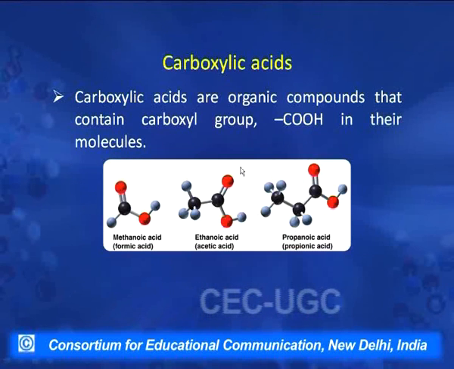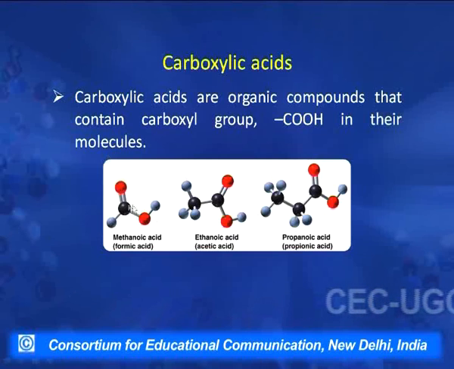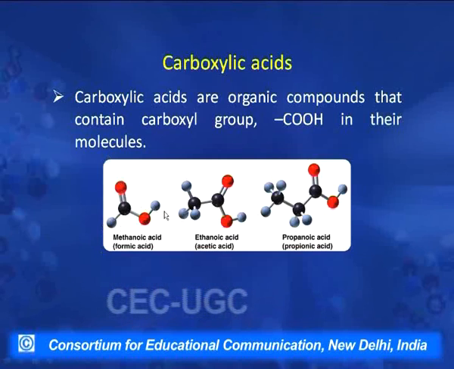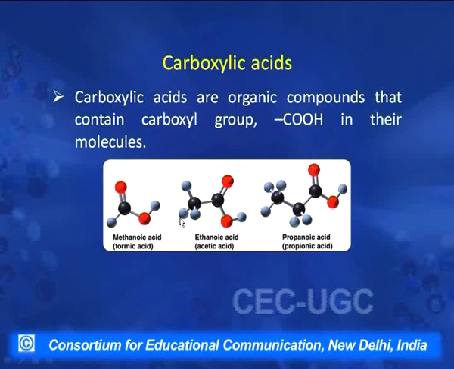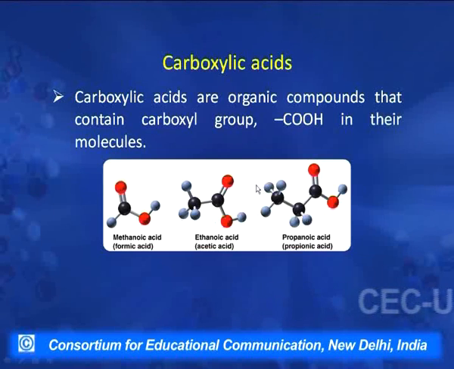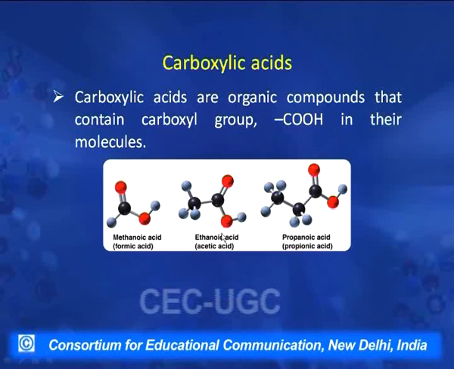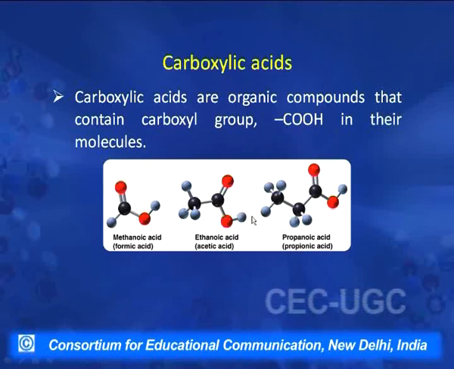These are some examples of basic carboxylic acids. When H is the substituent on the COOH, it is called methanoic acid or formic acid, when it is methyl, acetic acid or ethanoic acid, when it is ethyl, propanoic acid. But the basic functional group in all these, you see, is C double bond O, then O and H.